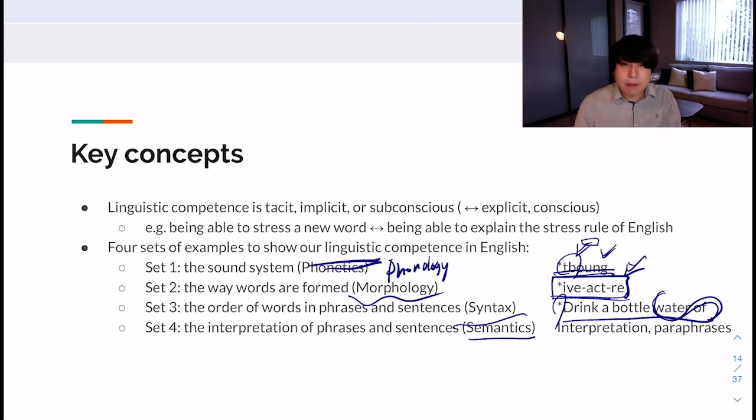More detail about semantics was already covered in the lecture, so I'm not going to go through it. It's about interpretation, paraphrasing, and how to interpret the meanings of sentences, phrases, or a dialogue. We're going to go through all these four different domains of linguistics throughout this quarter.